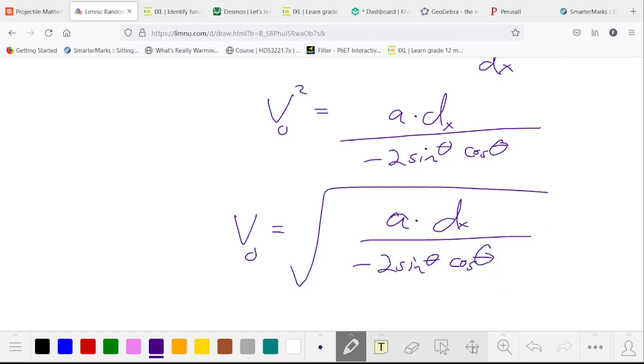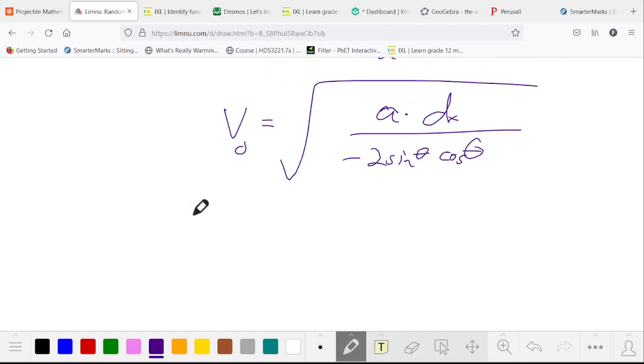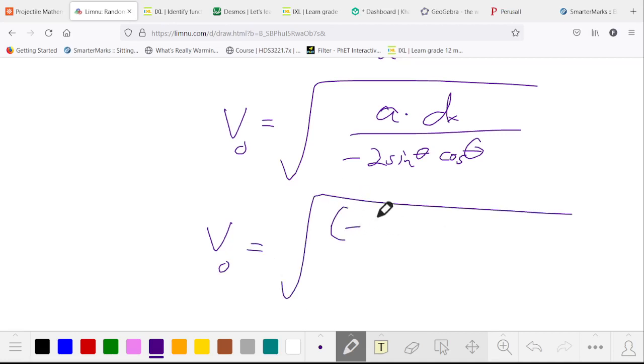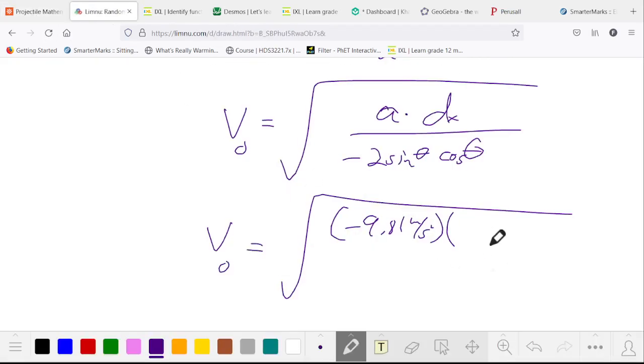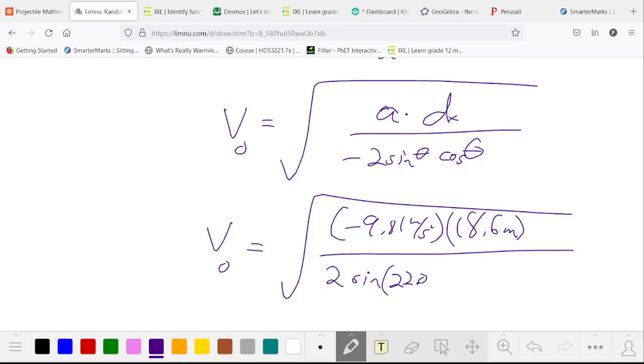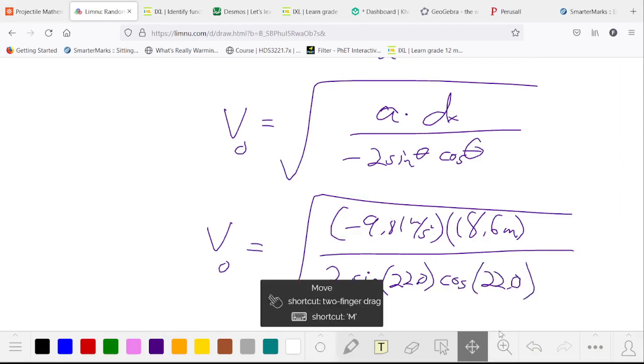So setting it up as a system with a parameter is a little more complicated than we normally do, but we can do it. We have a negative 9.81 meters per second squared. Our horizontal distance was on the chart, but it's also here, 18.6. Divided by 2 times the sine of 22 and the cosine of 22.